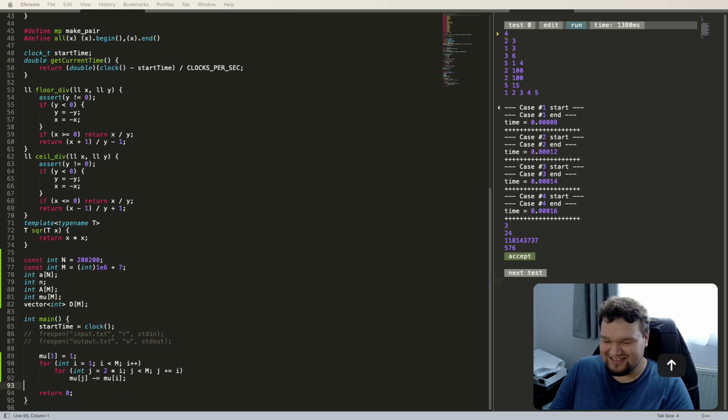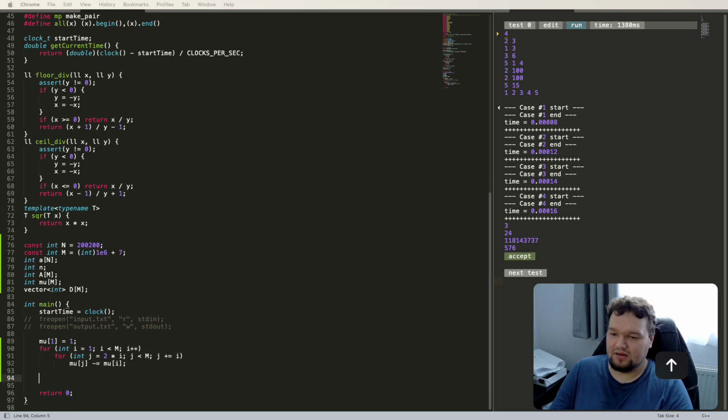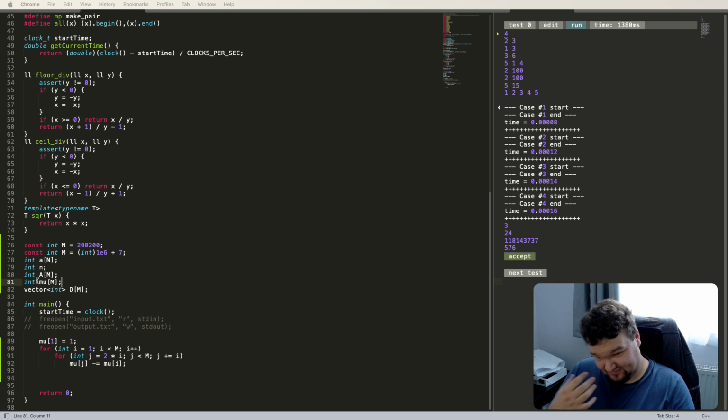That's it. That's a mu function. So now mu function is 0 when the number is not square free, so it's divisible by some square of a prime. And otherwise it's -1 to the power of the number of prime divisors.